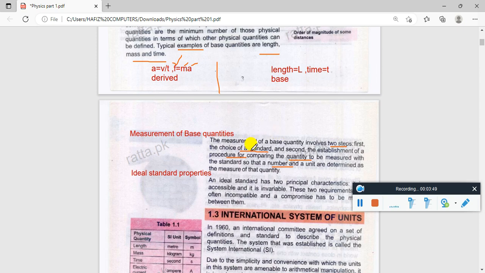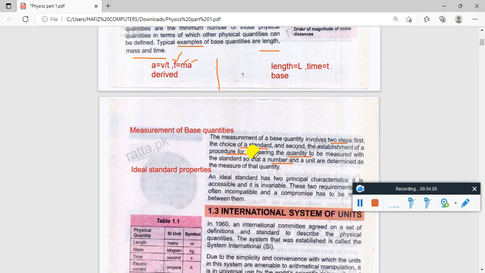The first step is the choice of standard, for example distance. Distance units are normally meter, it may be millimeter, but first we will set a standard, like we are measuring in terms of meter.